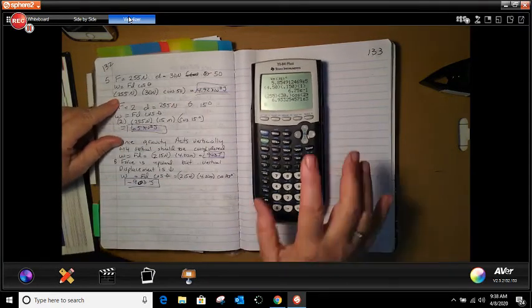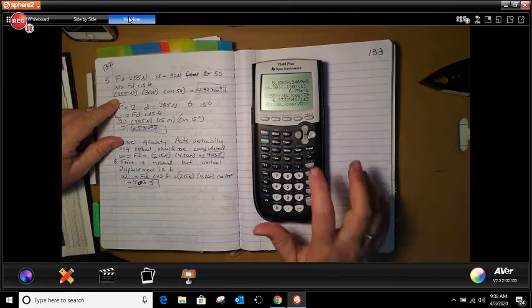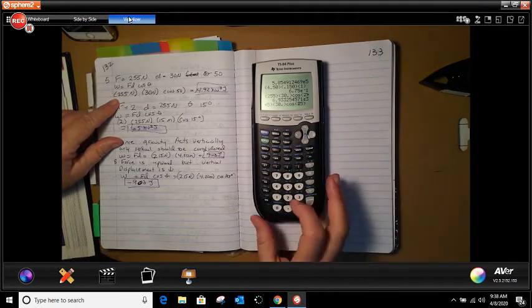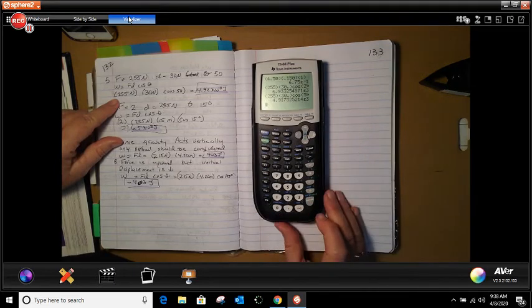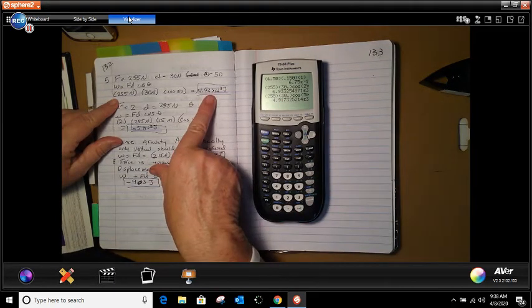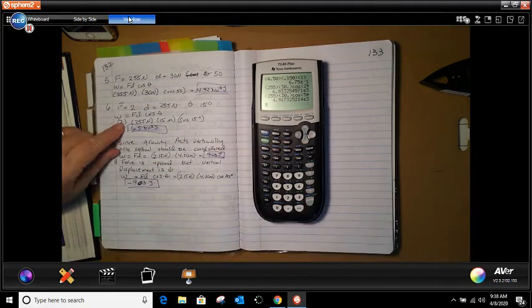We do the same thing as above, go back, change this to 50, and hit enter. I get 4.1 times 10 to the third, but look here, that is a 7, so I'm going to round it to a 2.